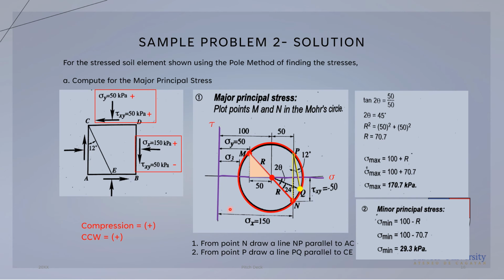Kay syempre, Cartesian plane man na siya, no? So, every point in here along the x-axis is actually the normal stress, and any point along the y-axis will be our shear stress. So, meaning, kaning point Q din ni, similar siya sa atong point E diri, or atong line PQ represents our line CE in here.